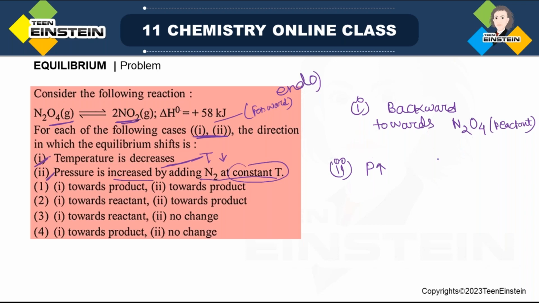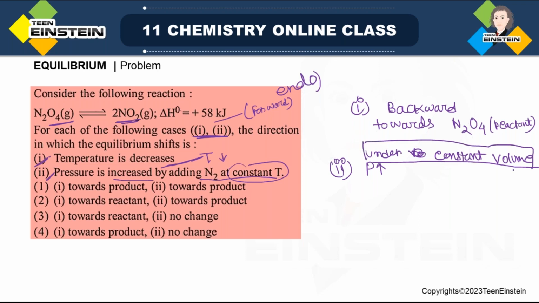Okay, now under constant volume, it is true, it is not directly mentioned, but as it is increasing pressure by addition of inert gas, so obviously you have to consider it as constant volume case, because inert gas addition may be of two types, under constant volume or under constant pressure. But here it is mentioned pressure is increased, that means you have to consider that it is under constant volume.